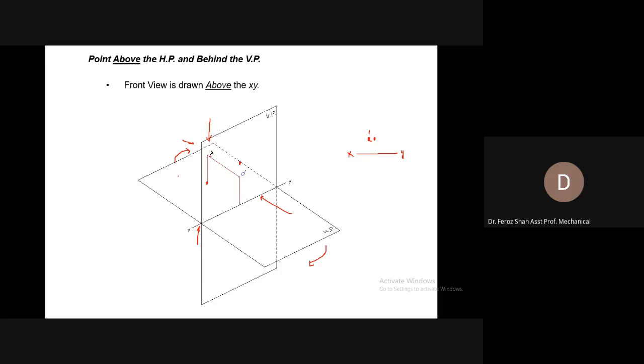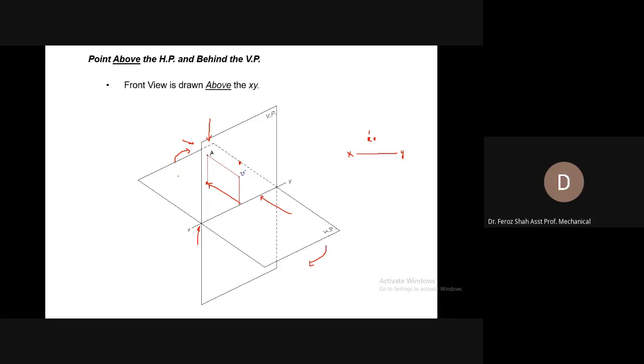If the point is equidistant, meaning the point is 10 millimeter above the horizontal plane and 10 millimeter behind the vertical plane, because the position of the top view depends on how far it is behind the vertical plane, then its front view and top view would overlap.